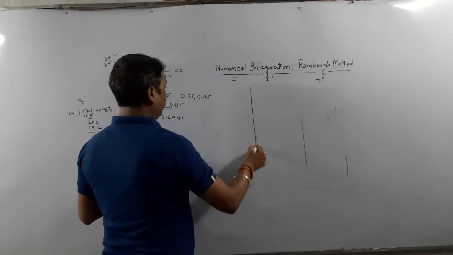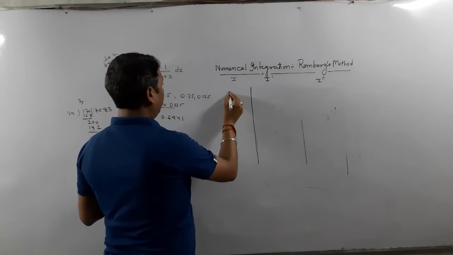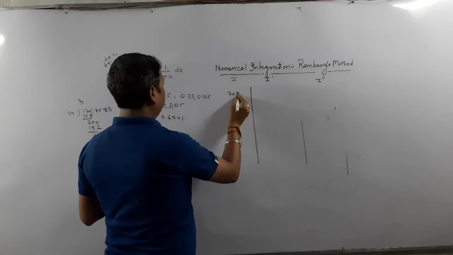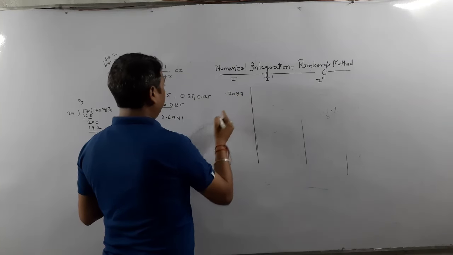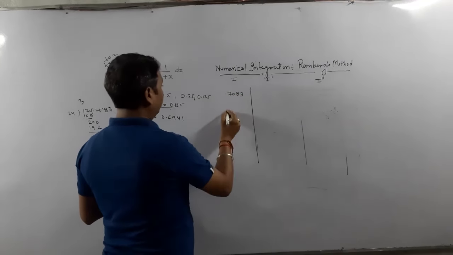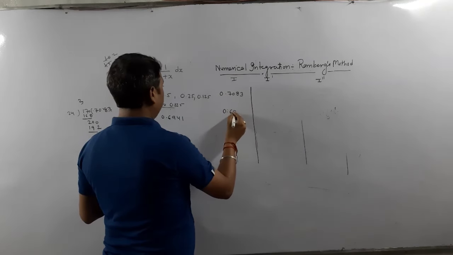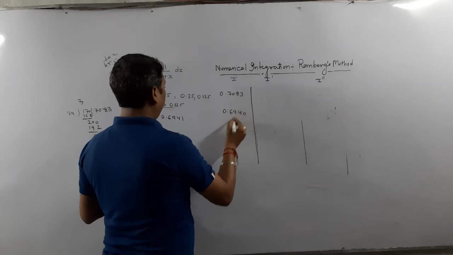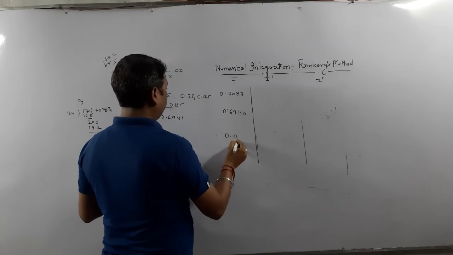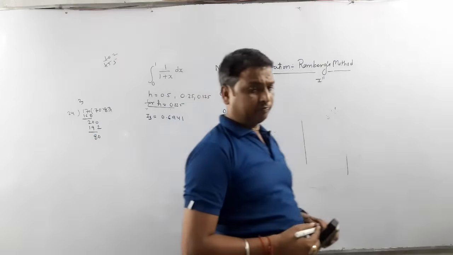Once you have calculated I1, I2, I3, make the table. What is the first I value we calculated? 0.7083. What is the second? 0.6970. What is the third? 0.6941. Check it correctly.